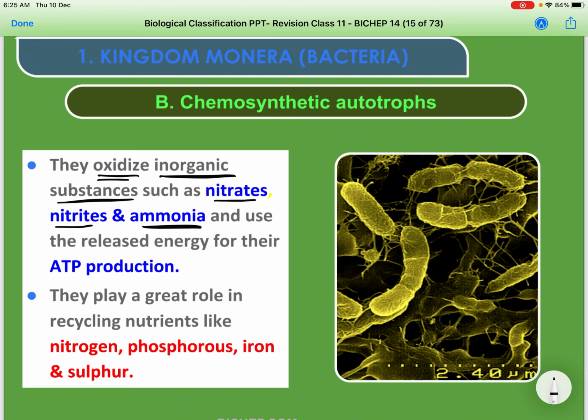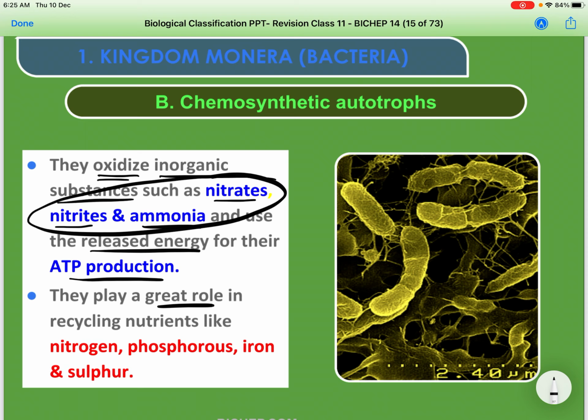They absorb either nitrite or ammonia and use them for releasing energy for their ATP production. So they are using these components as their food, right? And they produce their energy, and that's why they are chemosynthetic.